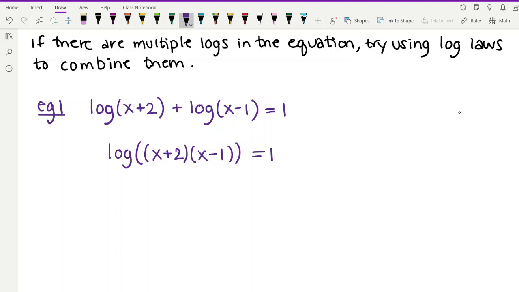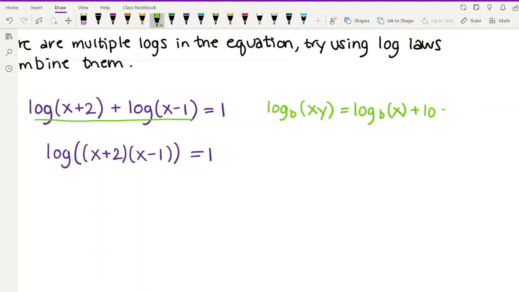Let me make a note of that so you can see where this is coming from. So from here, we're remembering the fact that log base b of x times y is the same as log base b of x plus log base b of y. And we're using it in the backwards direction, right? We're starting with the addition and we're going from here to here.